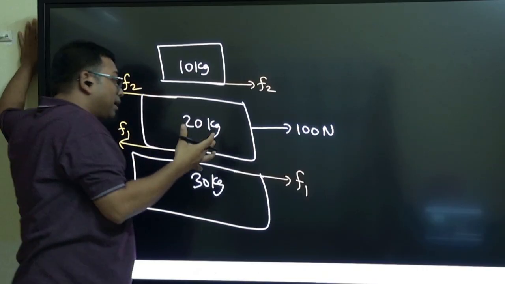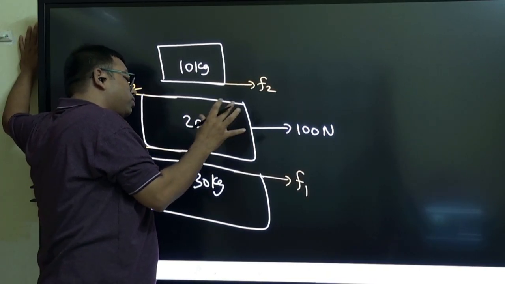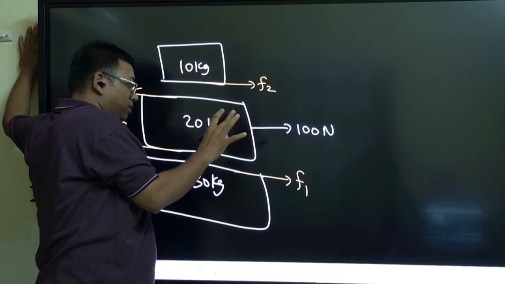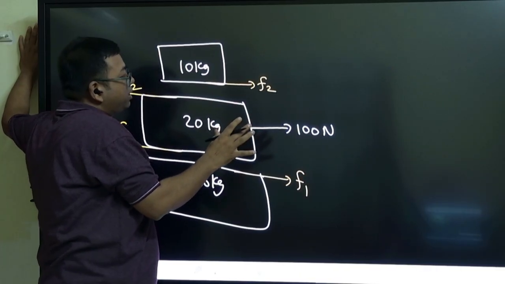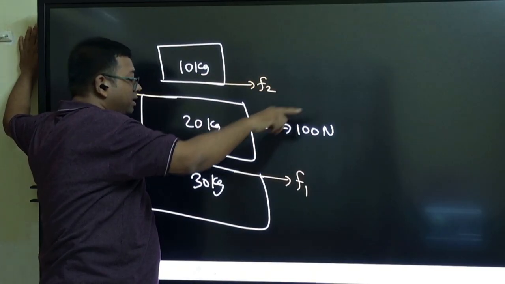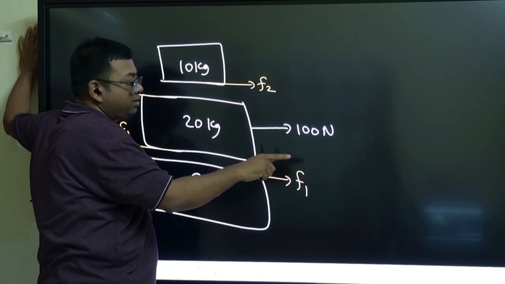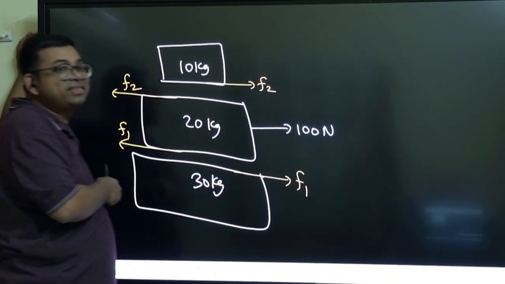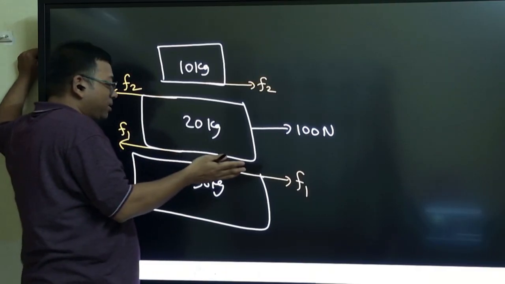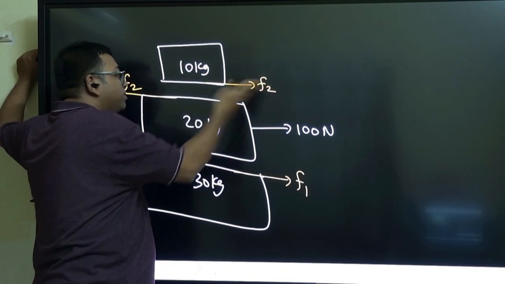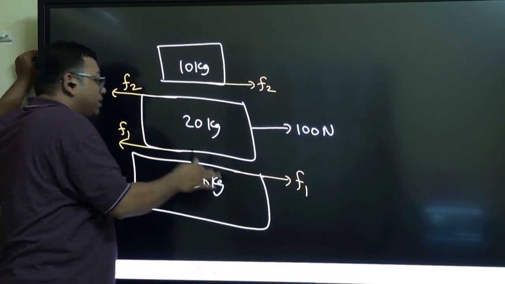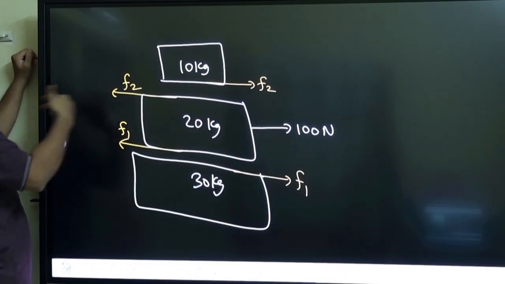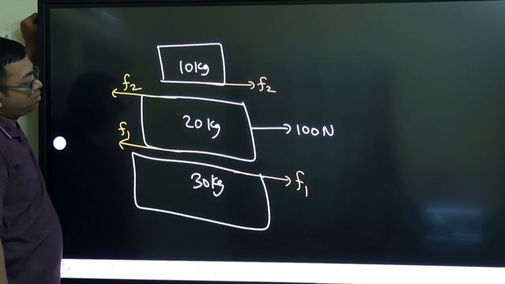See, again assume that all the blocks are moving together. If all blocks move together, the upper block also moves that side and the lower block also moves that side. So who can move them? Only friction can move them. That's why friction F1, F2 is in that direction, and because of action and reaction, on the other block it will be opposite.